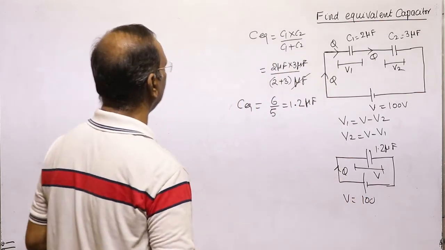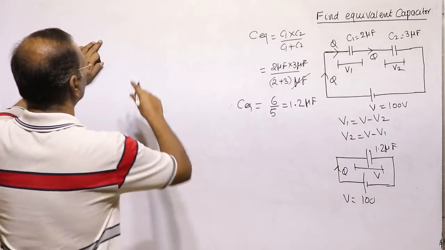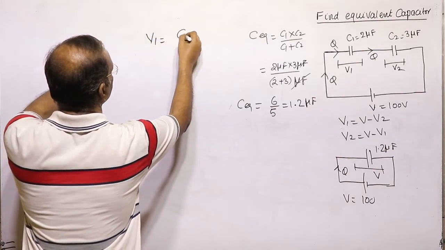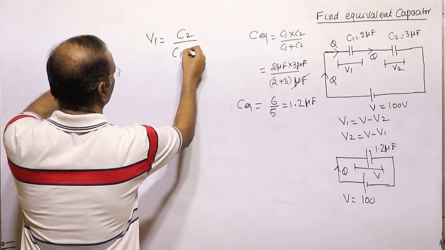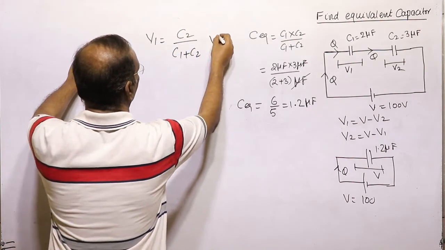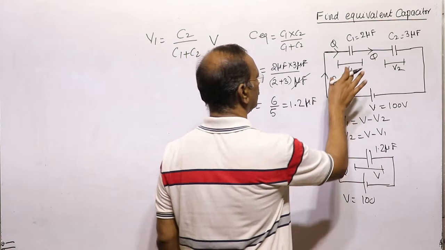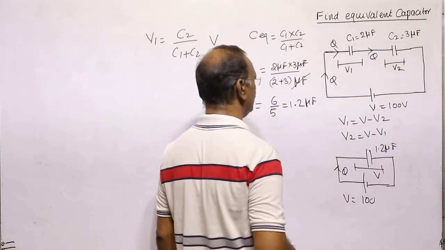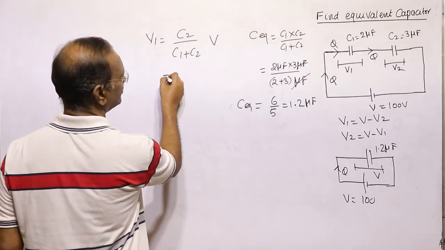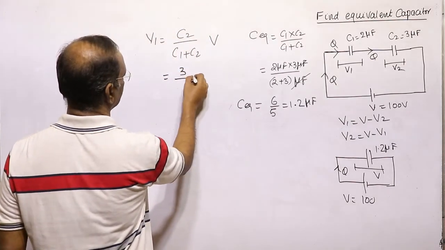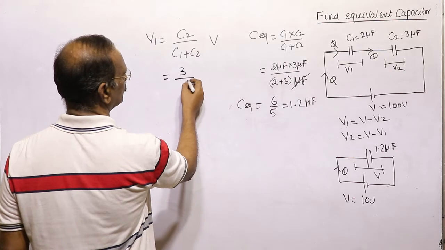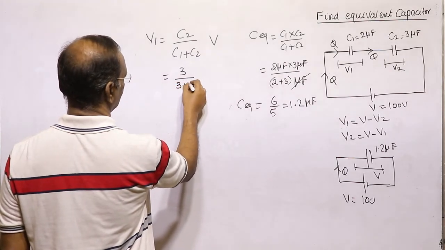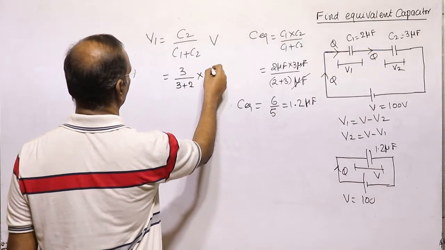Now we have to find out V1. We have the formula: V1 is equal to C2 by C1 plus C2 into the applied voltage. If you want to find out V1, take C2 and divide by C1 plus C2, multiplied by the applied voltage. C2 is 3 microfarad, divided by 3 plus 2 microfarad, into applied voltage.